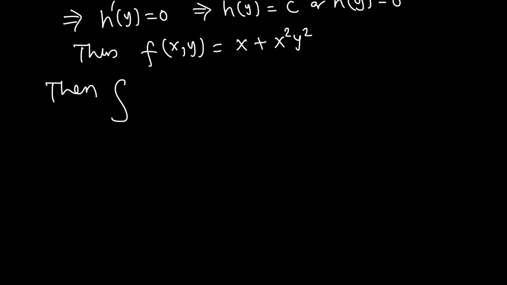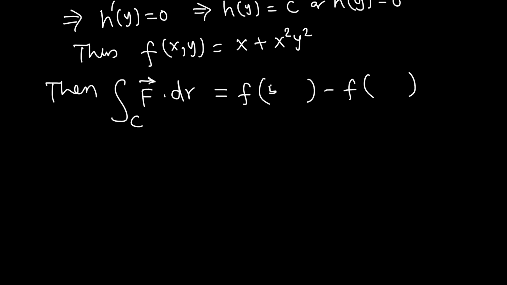Then the line integral of F dot dr, that is in fact the work done by this force moving on this curve from (1, 1) to (5, 1/5). So this is the same as f at the terminal point minus f at the initial point, and go back and check, that's (5, 1/5) and (1, 1). Okay, and our function is here.